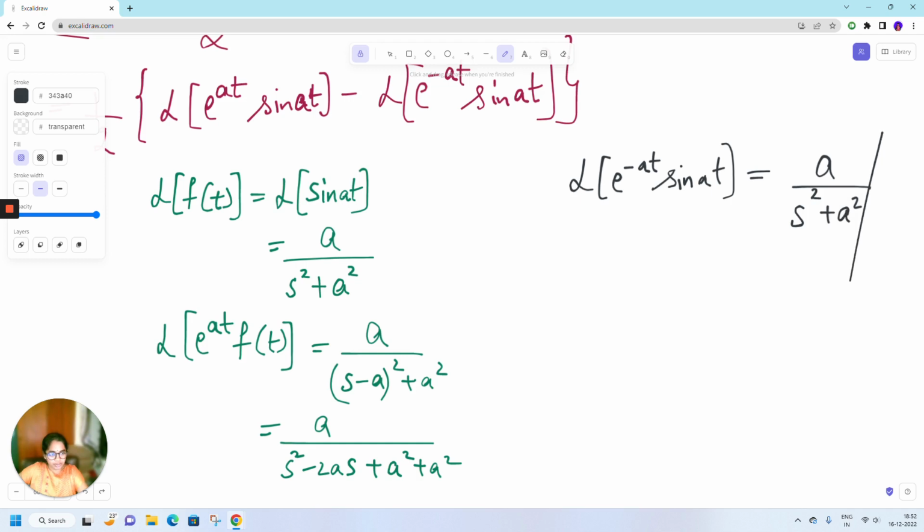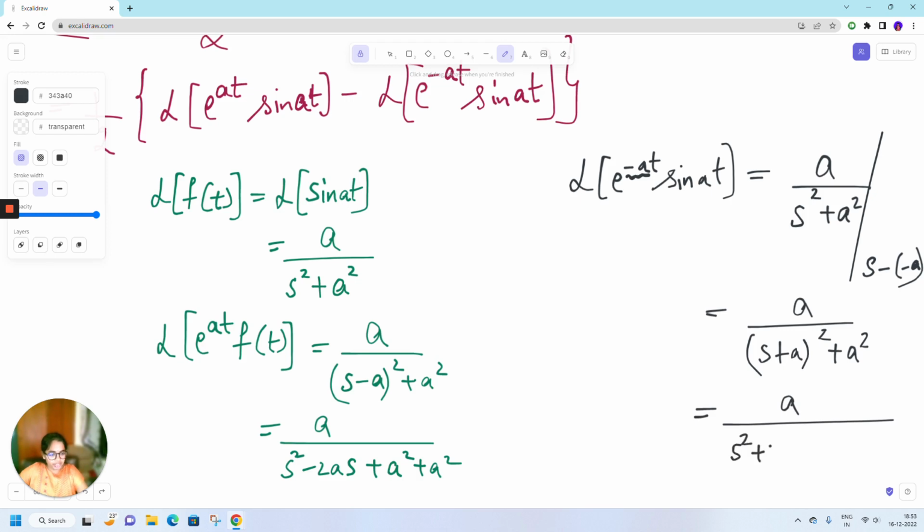You replace s with s minus of minus a. Why? In place of a, we have minus a over here. So I would get a divided by s plus a, the whole square, plus a square. Applying a plus b whole square, I would get s square plus 2as plus 2a square.